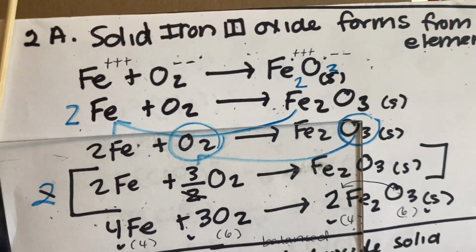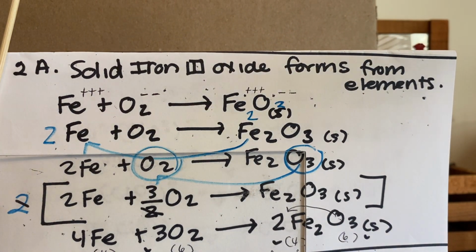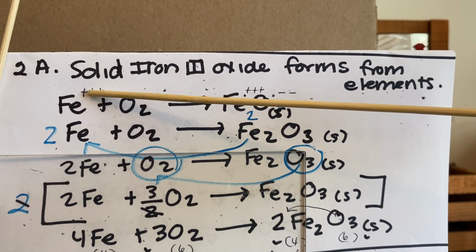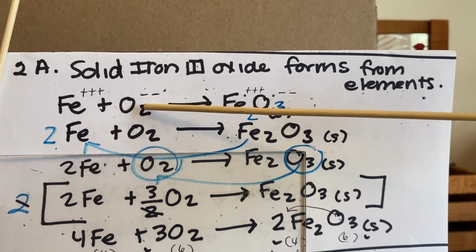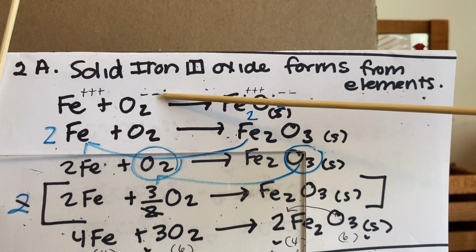Okay, let's see how I did it. So we have solid iron, and then we have oxygen. So we have iron, which is Fe, and it's an ion of positive 3, so it has 3 plus. And then we have oxygen, which is only 2 negatives, and it's going to form iron oxide.